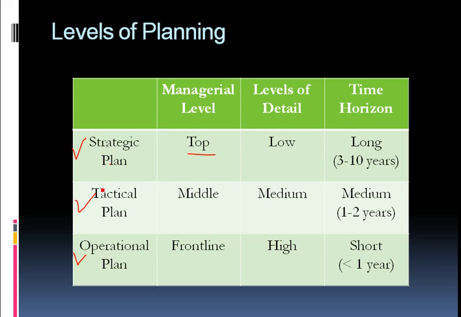And a tactical plan is about the plan of each function that is based on the strategic plan. So that plan is managed by the manager in that functional area, middle level management.